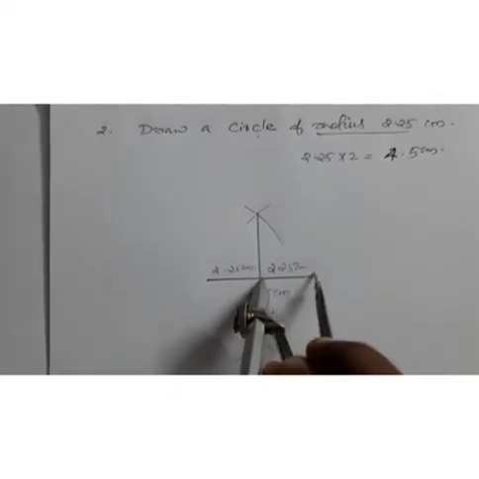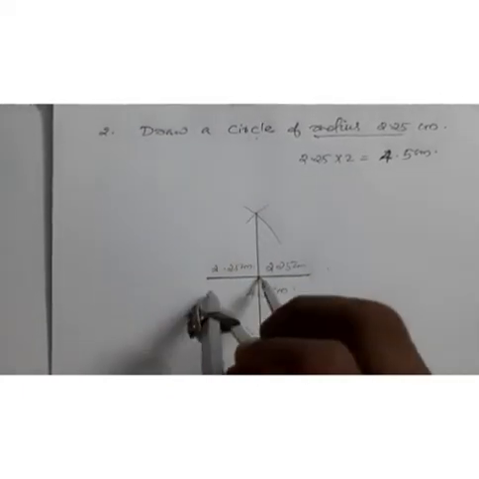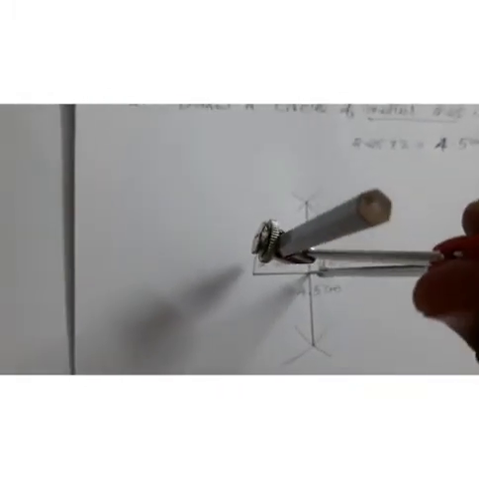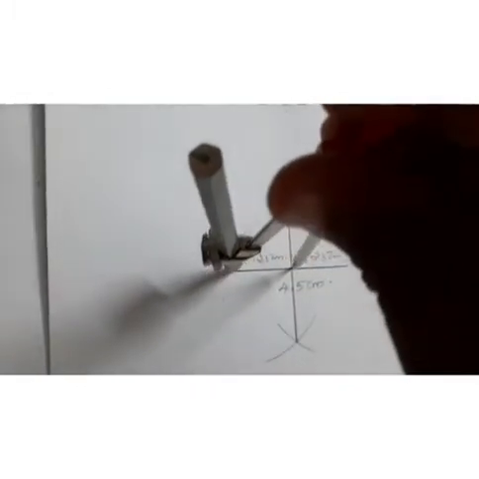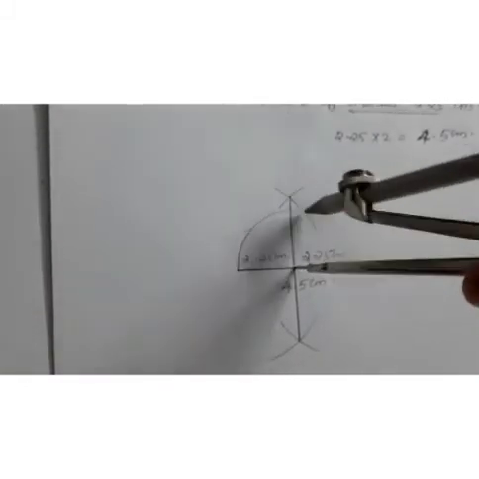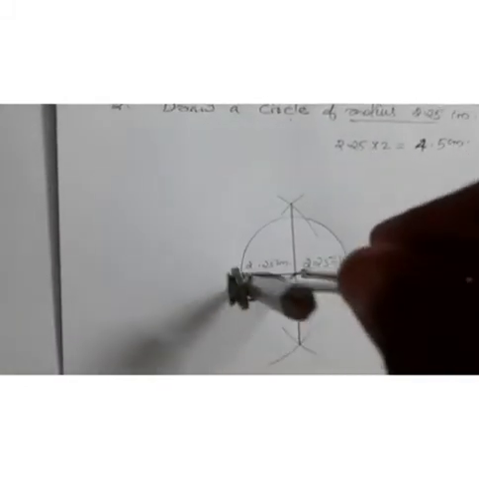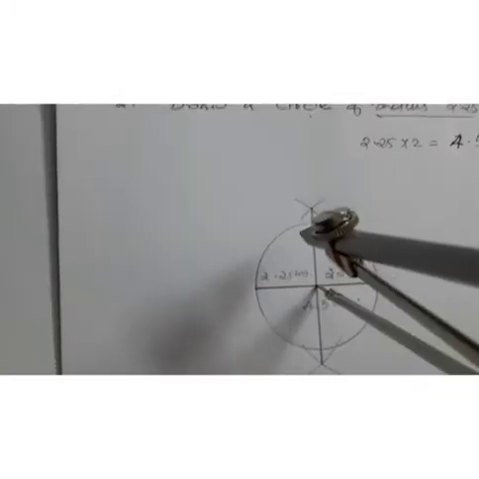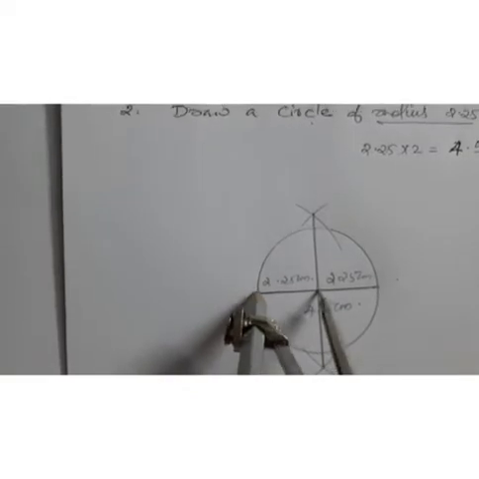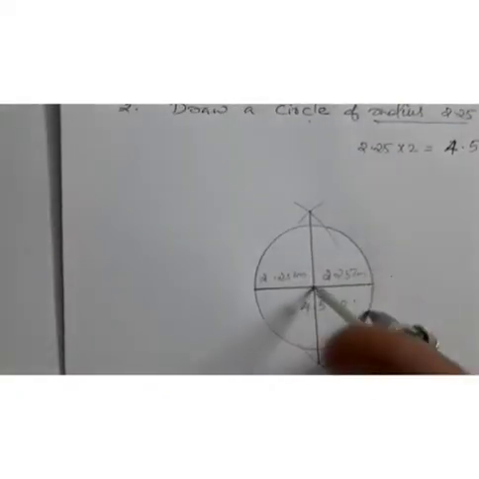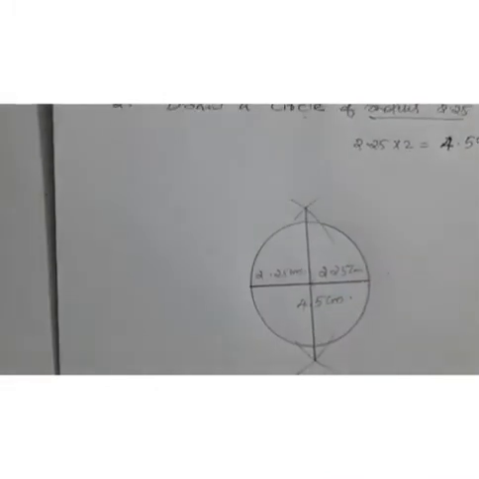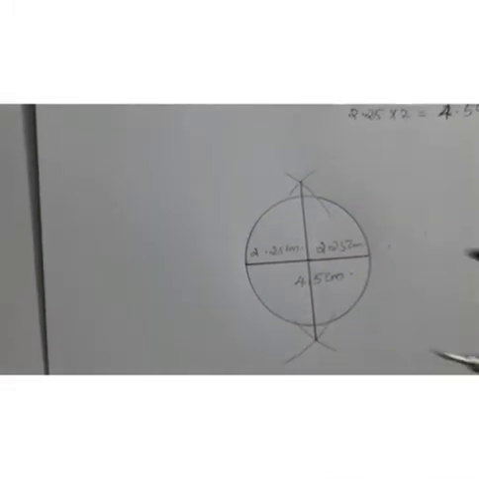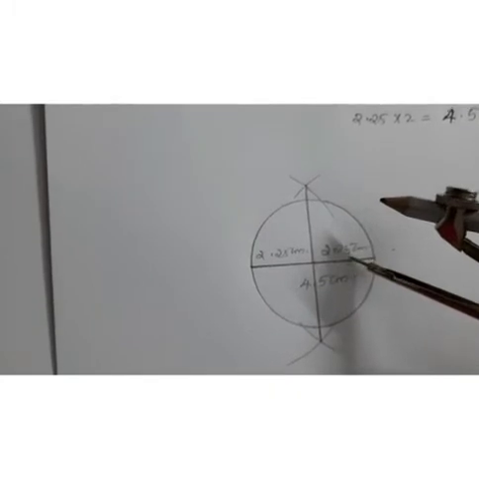It is the same length, so keep it as center, then draw the circle. So measure as this one, then draw the circle. So here we get the answer, with the radius as 2.25.